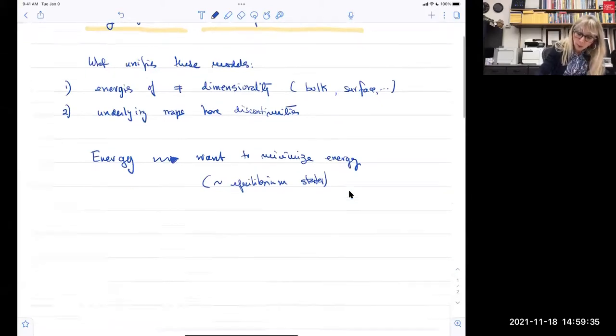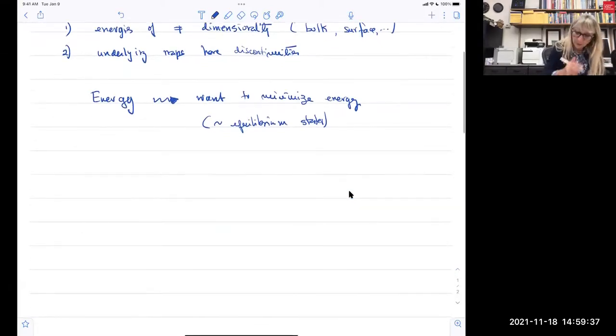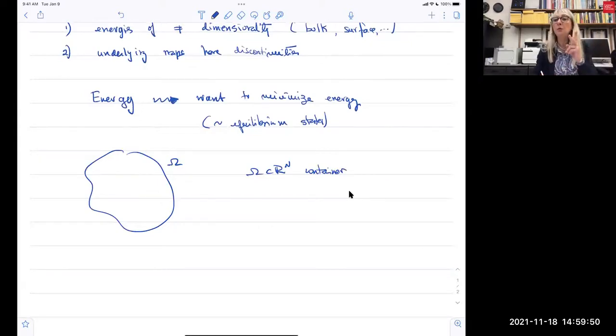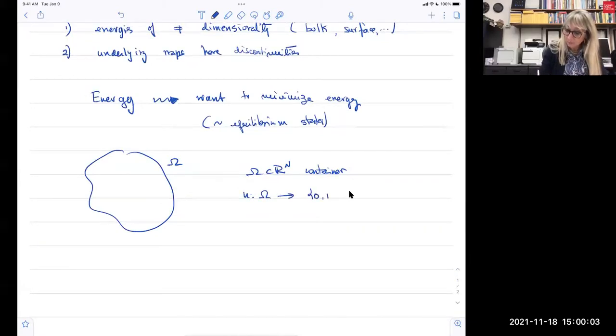Okay, so let's start with the cartoon. And let's assume that you have a container omega. And I'm going to give you 2 fluids. And I'm going to represent the 2 fluids by being, say, one is 0, the other one is 1. So the distribution is going to be given by a function u that takes values 0 and 1, right?